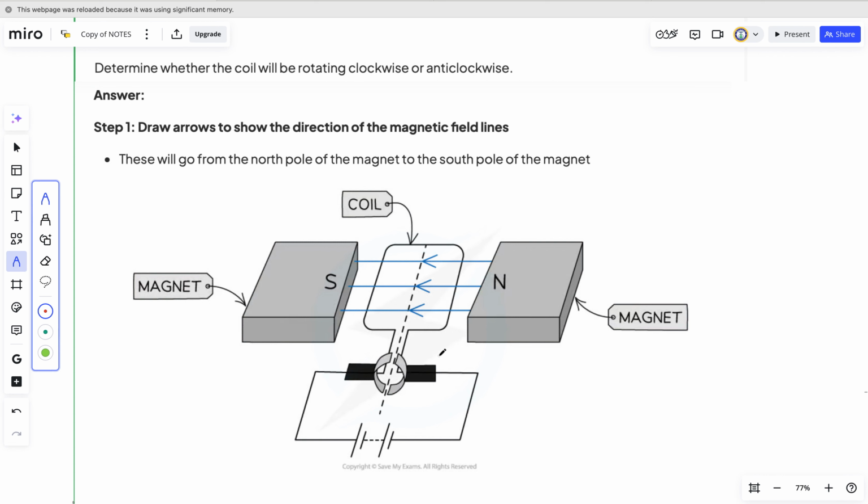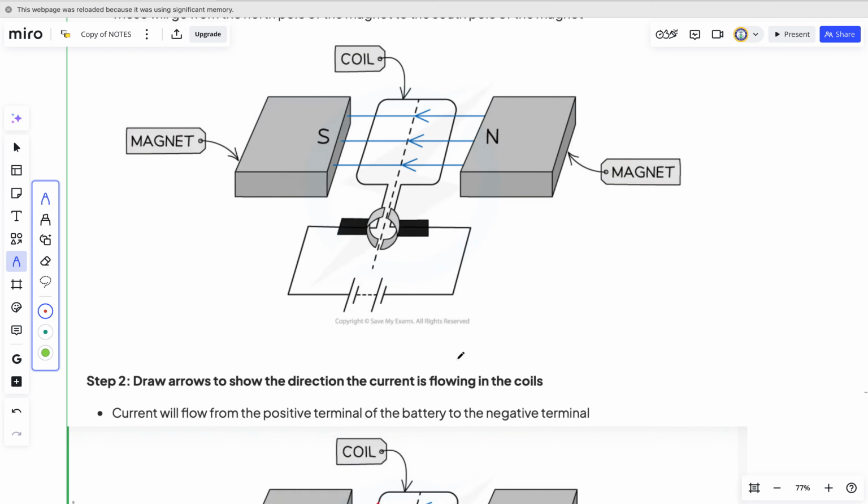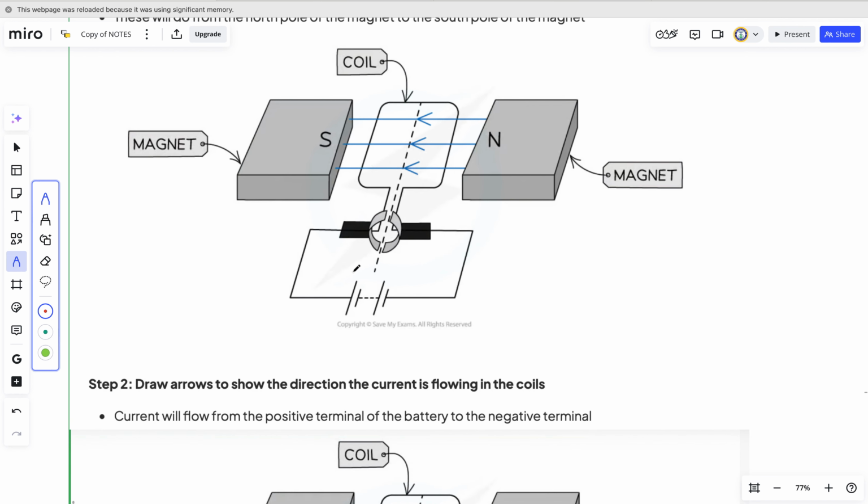So if you follow Fleming's left hand rule, this is now the opposite, meaning we have to make our hand make the fingers start going from left to right. And the current starts to flow up. Look at it, because this is the positive side of the battery and this is the negative side of the battery.